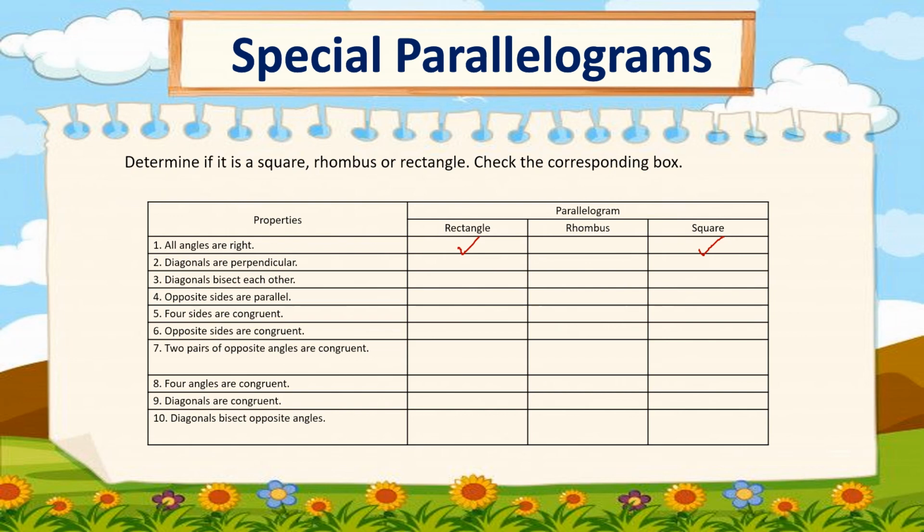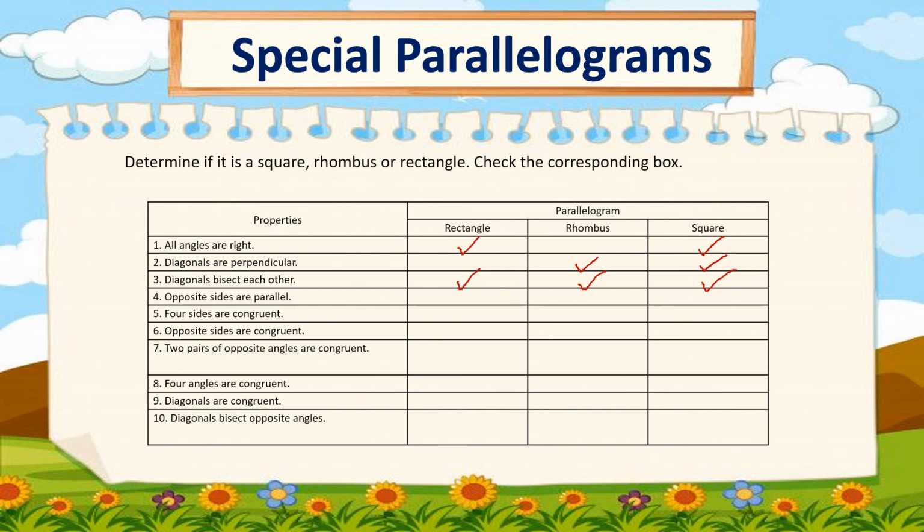Diagonals are perpendicular. So this is true to all rhombuses and squares. Number 3. Diagonals bisect each other. This is true to all rectangles, rhombuses, and squares.